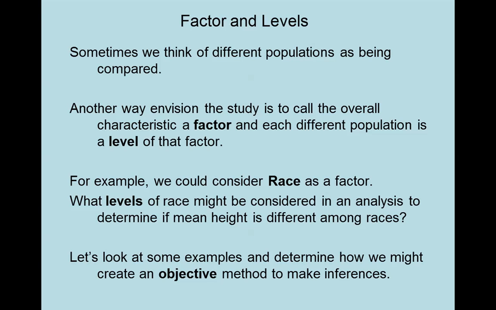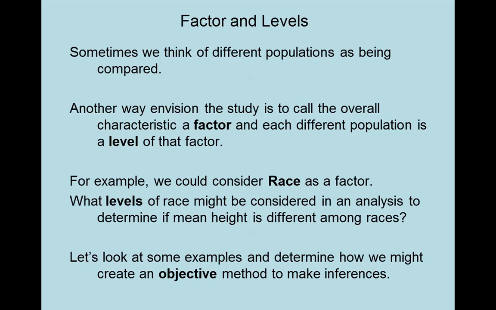Now, sometimes we think of different populations that are being compared. Another way to envision a study is to think of the overall characteristic as a factor, and then each different group you're comparing, or each different level, as we call it, of that factor being the things that you're going to compare the means of in terms of the population.